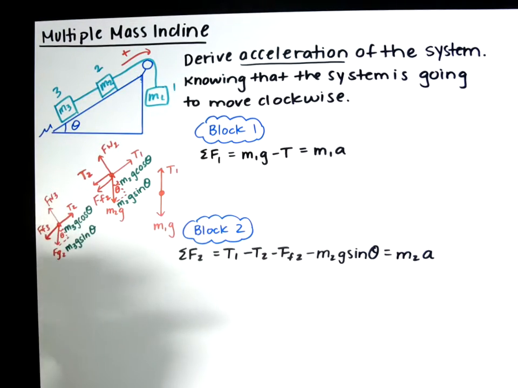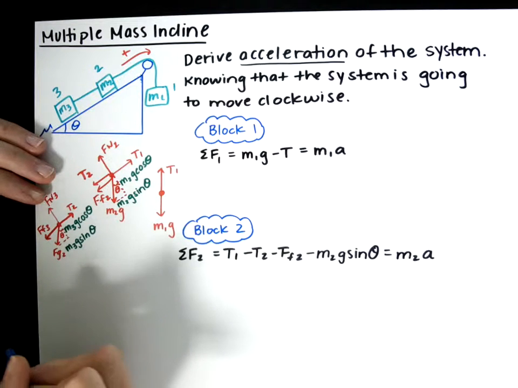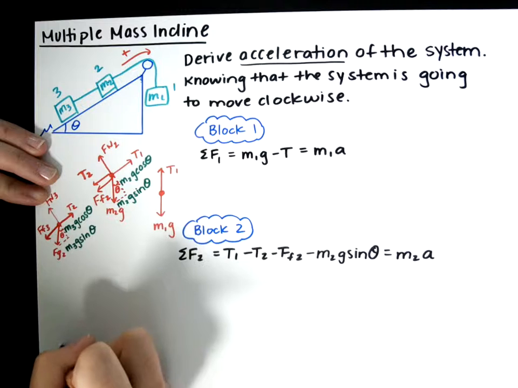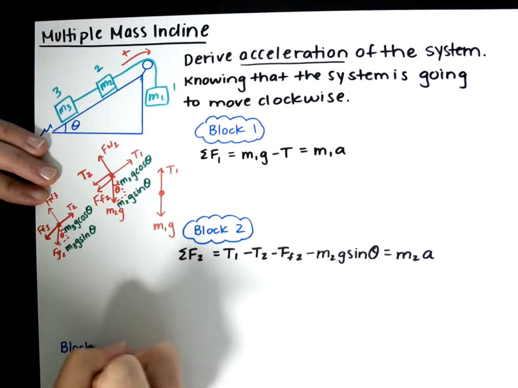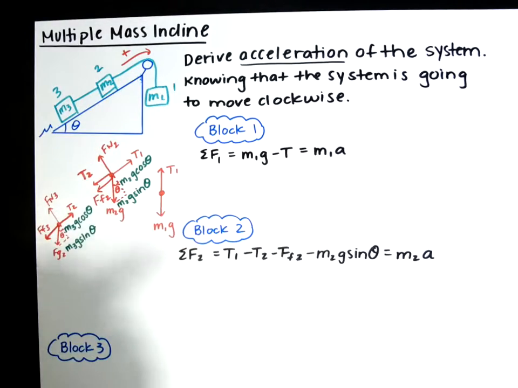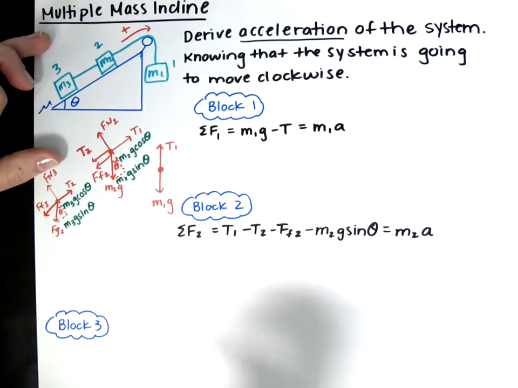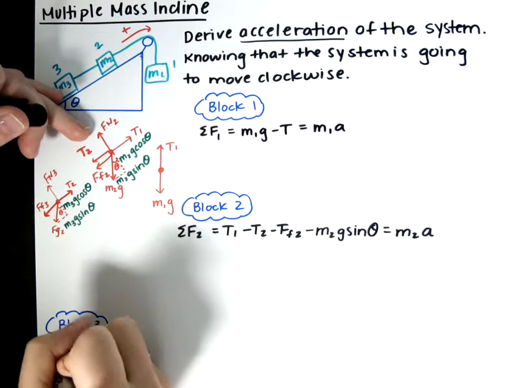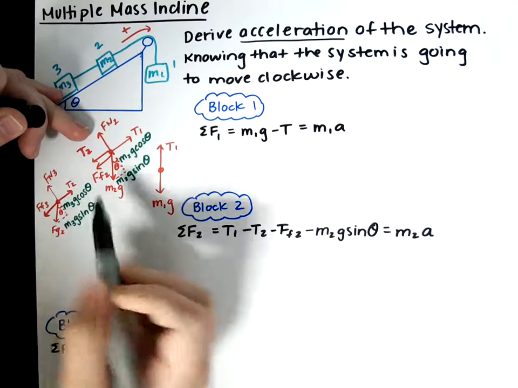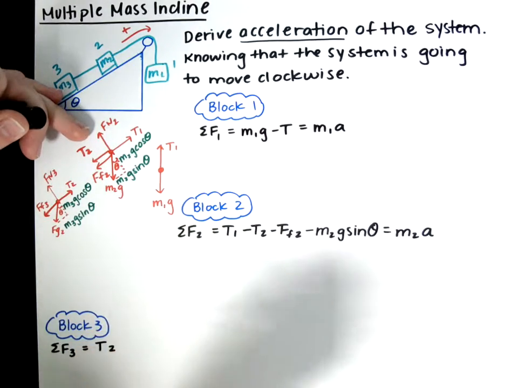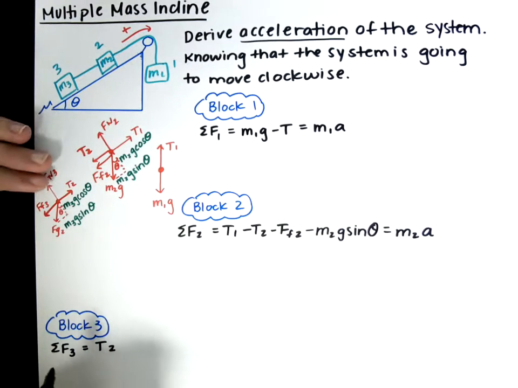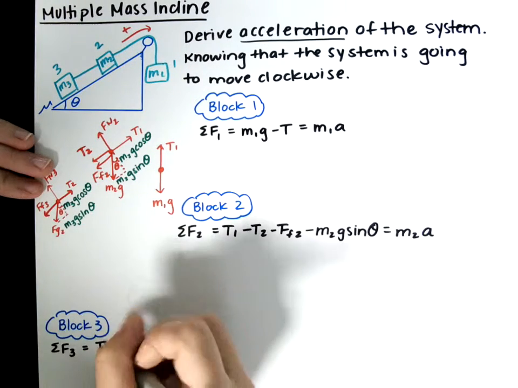Okay, and let's go ahead and do block 3. So the sum of the forces is, well, T2 is pulling up the ramp, so that's positive. And we have force of friction pulling down the ramp, so that's negative.